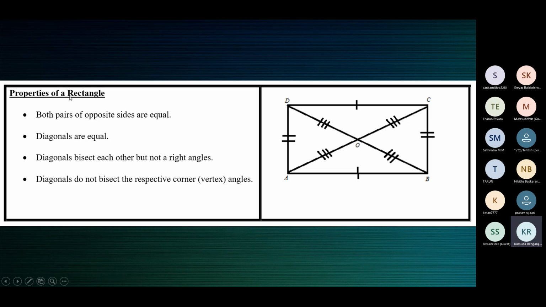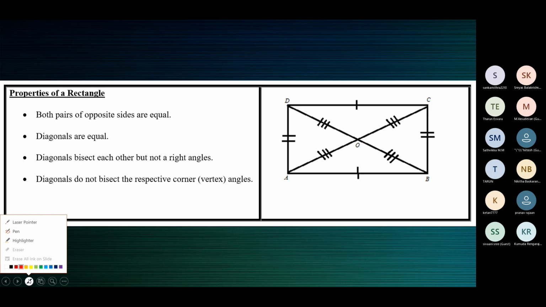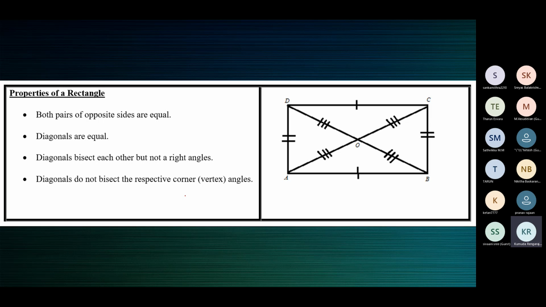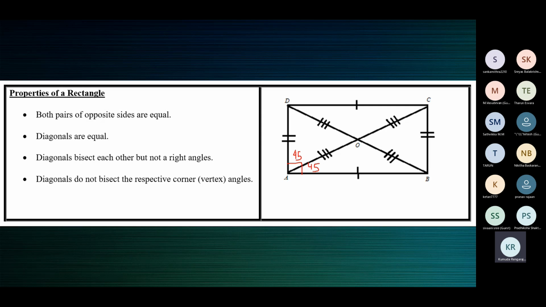This is a fact. We know that in a rectangle, this is 90 degrees. It will not be 45 here and 45 here. If it is like that, it's a square. Every corner of a rectangle is a right angle.